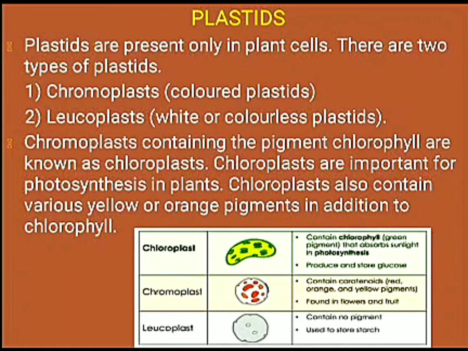Chromoplasts containing the pigment chlorophyll are known as chloroplasts. Chloroplasts are important for photosynthesis in plants. Chloroplasts also contain various other colors such as yellow or orange colored pigments in addition to chlorophyll.